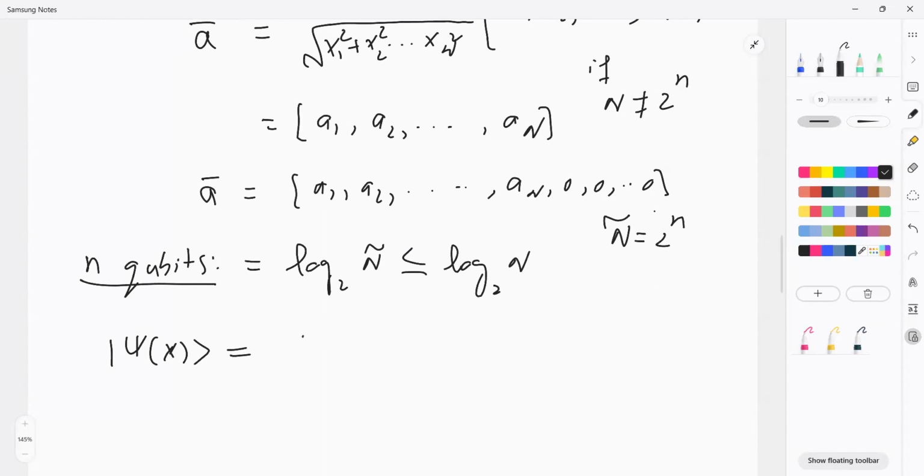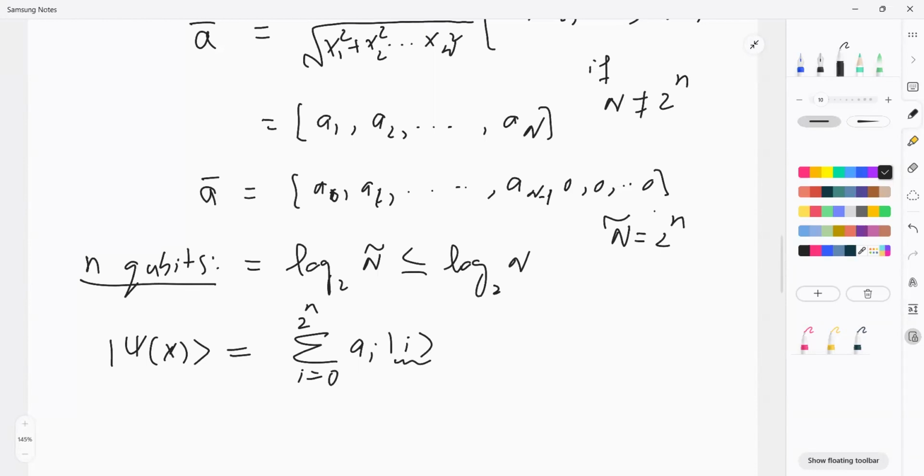quantum state like this. A1, let's call, if this is, we can actually start it from 0 and 1, just for the ease of numbering n minus 1, and then I can just use this easy notation, sum over i from 0 to 2 power n of ai |i>, where this is just the decimal notation for the basis state.